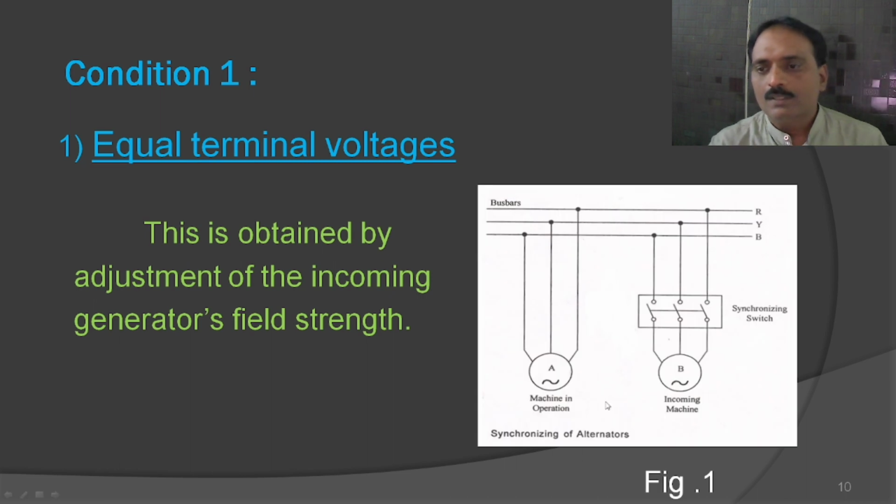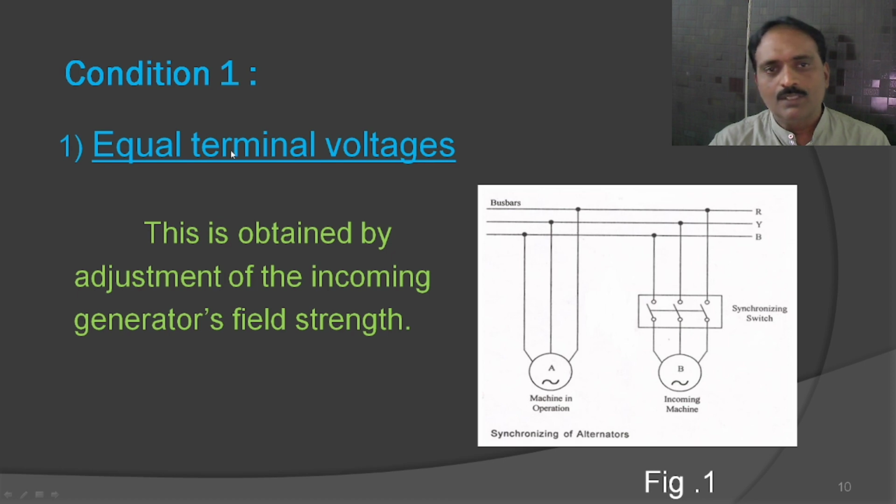So here already machine A is connected to the bus bars, and B is to be connected to the bus bars, or which is to be synchronized, or connected in parallel. All these terms are the same. So here B is considered the incoming machine.